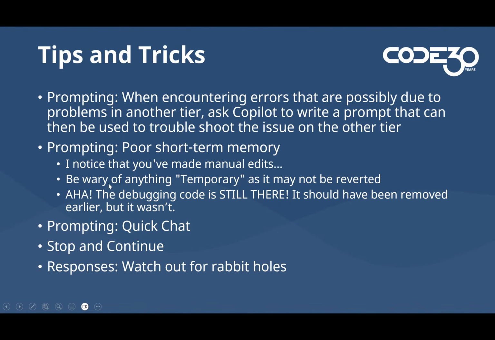Be wary of anything temporary, as it may not be reverted. What I mean by this is that sometimes we'll go down a path for fixing a problem where we'll disable something or comment out some code or implement it in a different way.